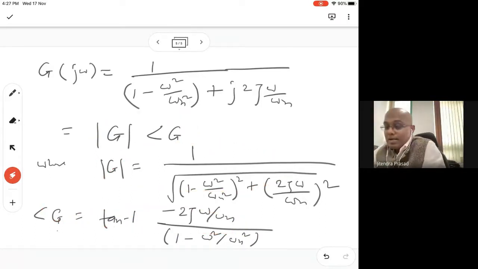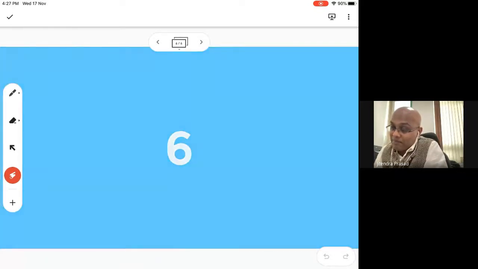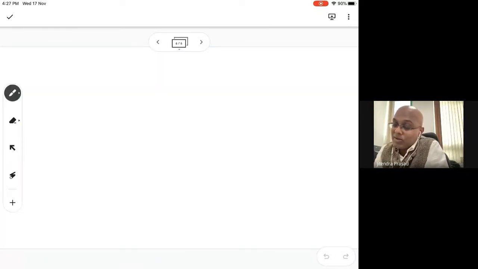Now if you change omega, you can see that this will vary from 0 to minus 180 degrees. How? You can see how it goes. Let's do the same thing. We have omega, and then we have the magnitude of G. First let's have the angle, because on that angle we decide.